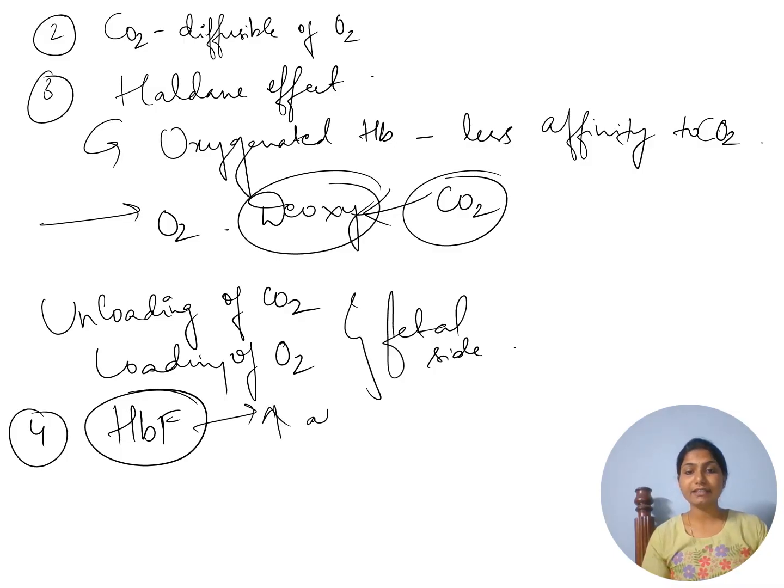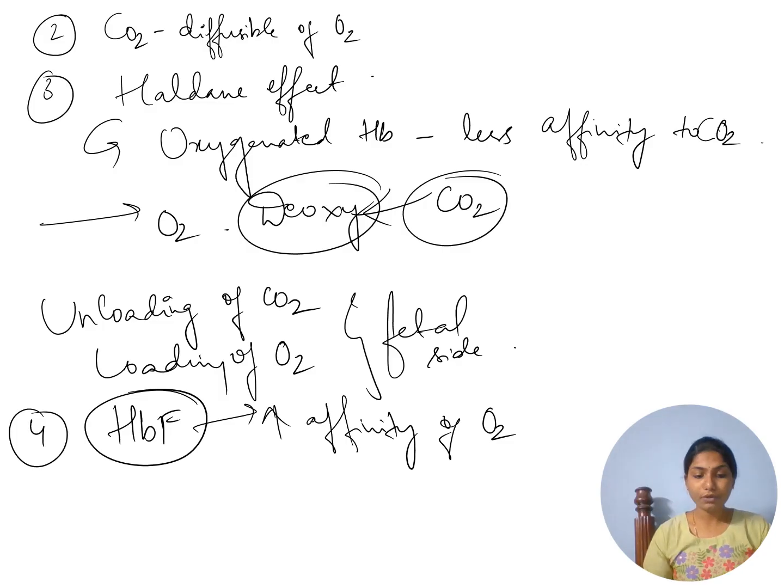So whenever there is increased affinity to oxygen, it carries the oxygen more readily, and the oxygen dissociation curve shifts to left. So even at the lower partial pressure of oxygen, there is increased affinity of oxygen to the fetal hemoglobin, and that is very much important for the fetal oxygenation to take place.